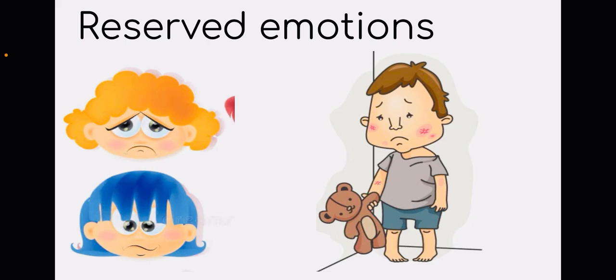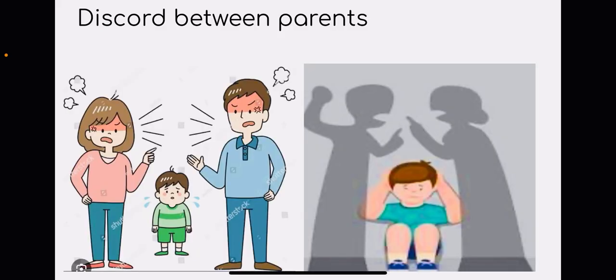And you will notice that these children have history of emotional traumas, but they do not share their emotions. They are reserved since young age. They are not outgoing like other kids. They do not have a bunch of friends. They might play with 1 or 2 friends, but they will not share things with them also.